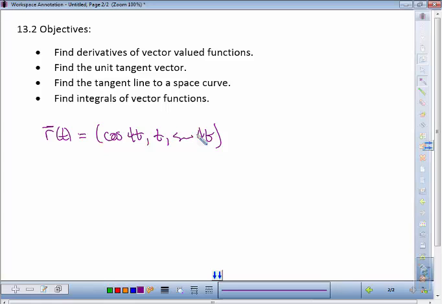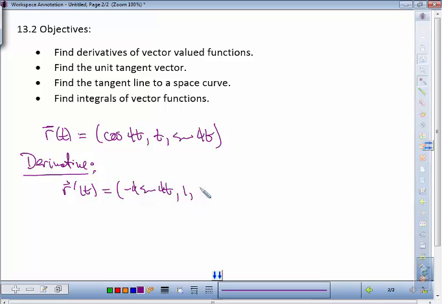And so from here, we could take the derivative of any vector valued function, and the derivative of this particular one is just a component-wise derivative of the original vector valued function. Probably should have done that in a different color.